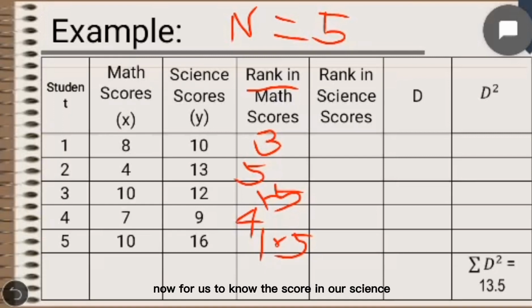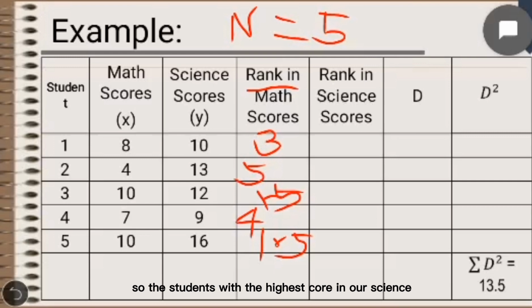Now for us to know the ranks in science, we have to rank them again. So this is only ranking. At this part, we are not yet subtracting, multiplying or dividing. We'll just rank them.